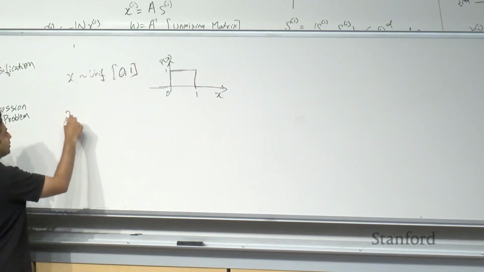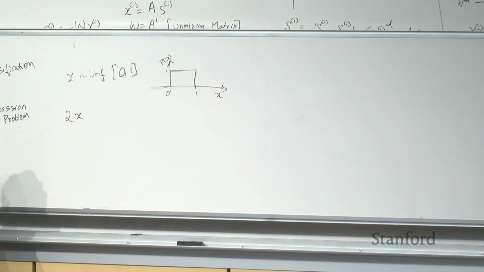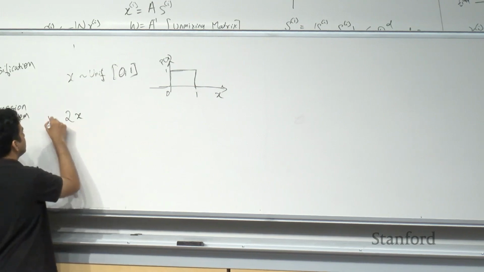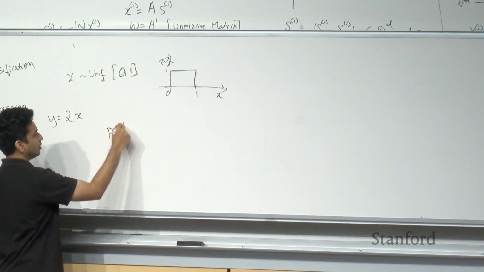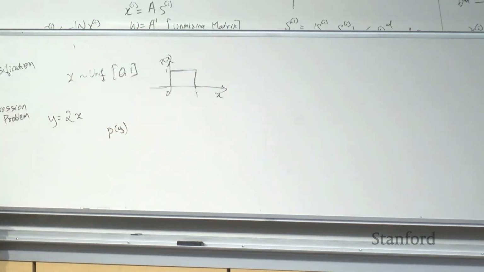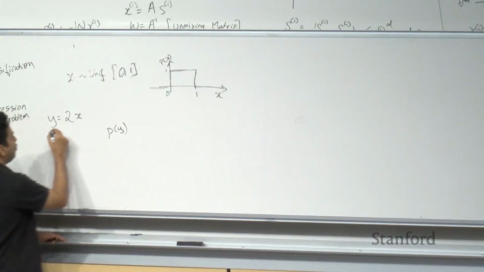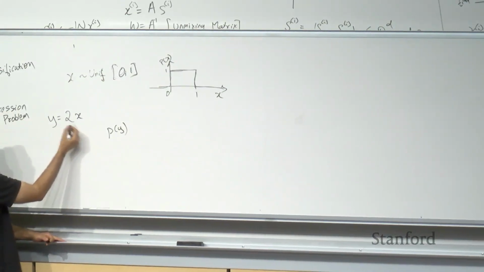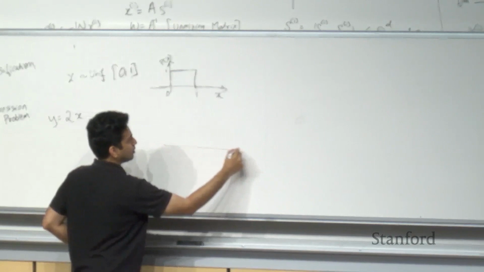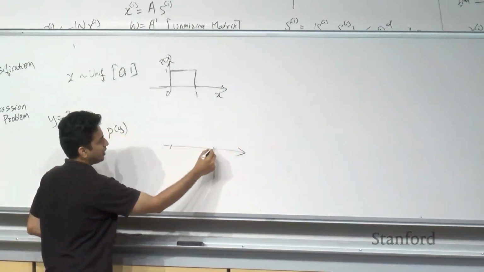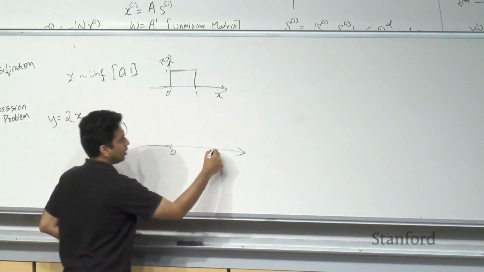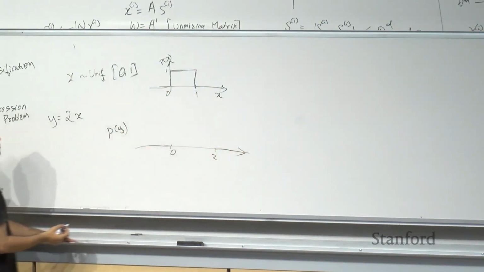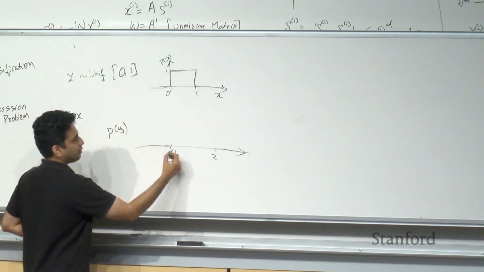Now what about 2x? Let's consider y equals 2x. What is P of y? So when we do y equals 2x, now y will be distributed between 0 and 2. Right? It has density 0 outside this region. What is P of y between 0 and 2?